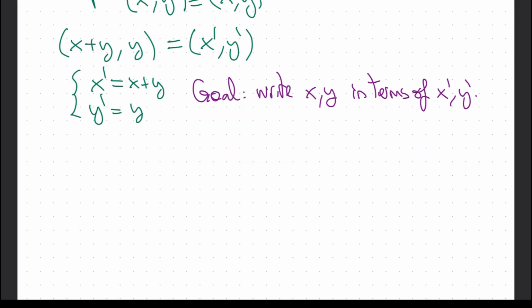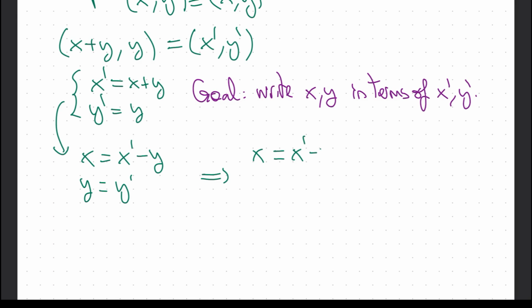Good, so let's go ahead and solve it. Our first equation here gives that x is x prime minus y. Our second equation says that y equals y prime. So we can substitute here to say x is x prime minus y prime and y equals y prime.